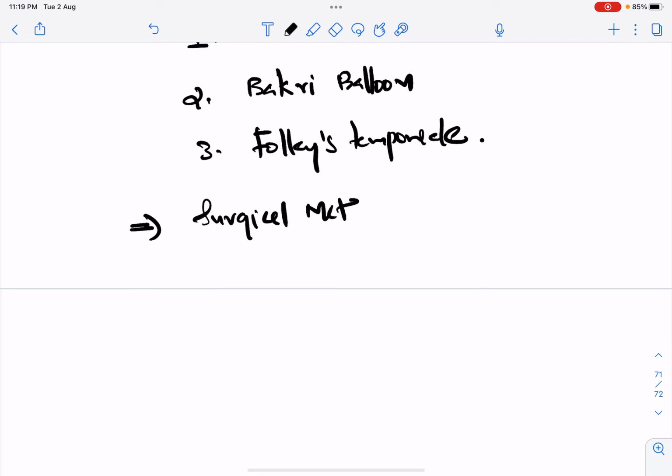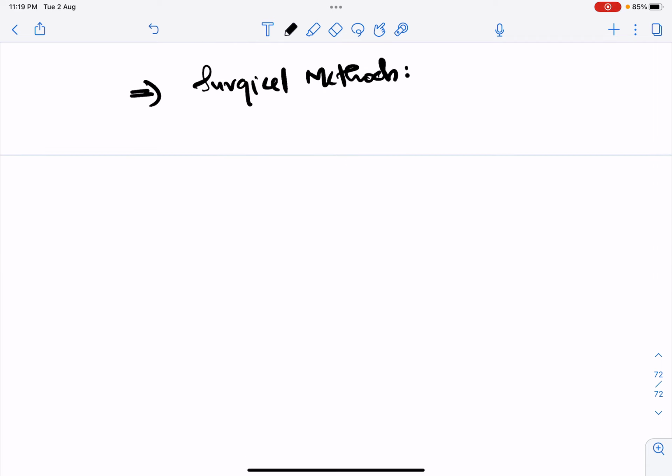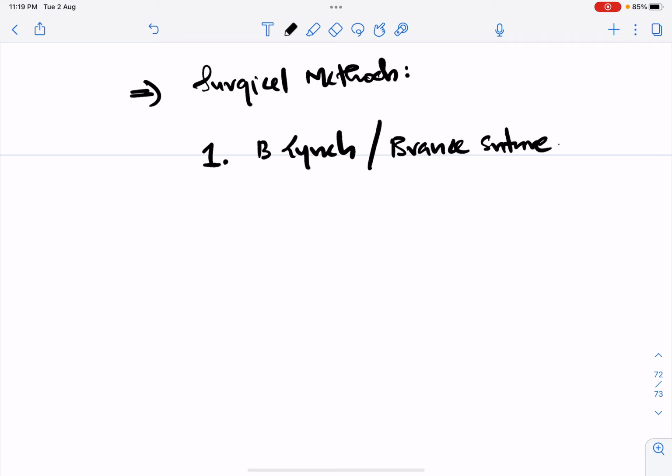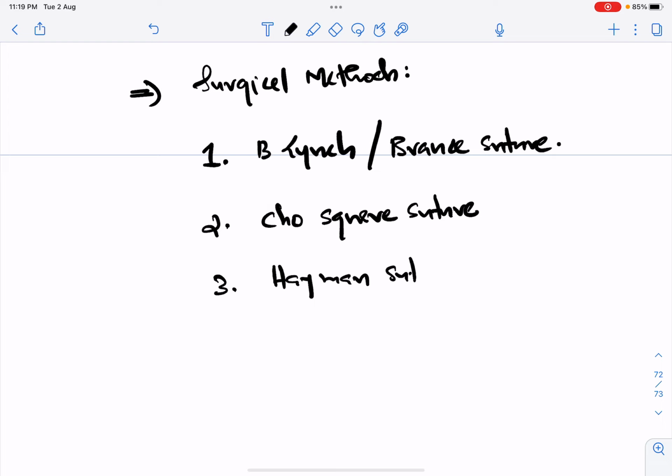There are some sutures to control PPH. The first one is called B-Lynch or brace suture. There is the Cho square suture, and the Hayman suture.